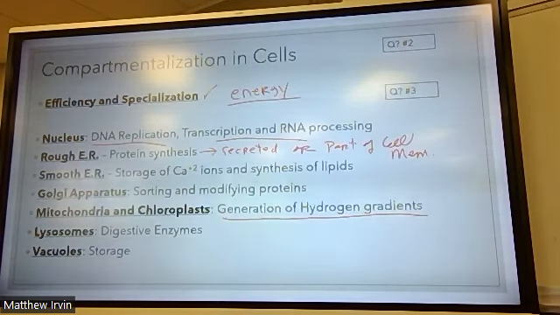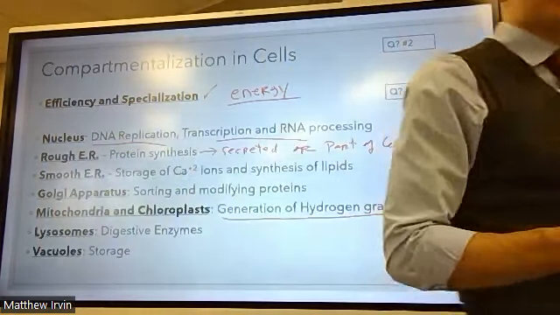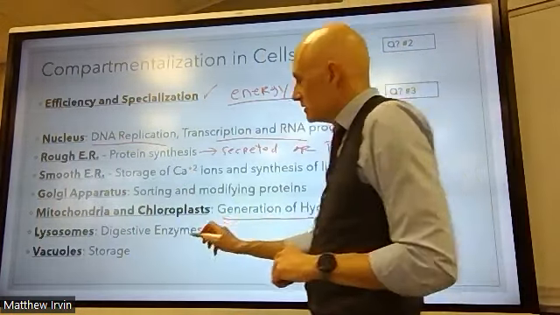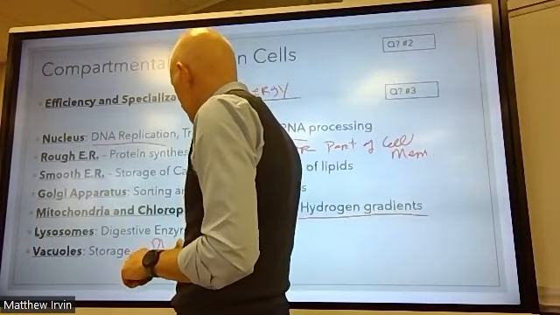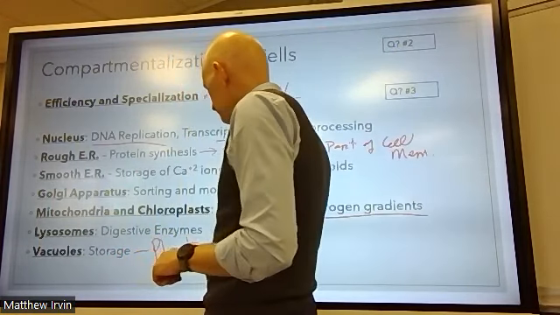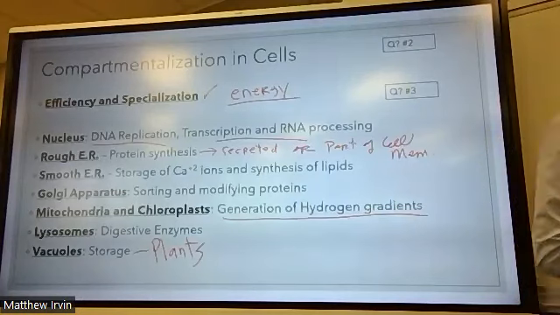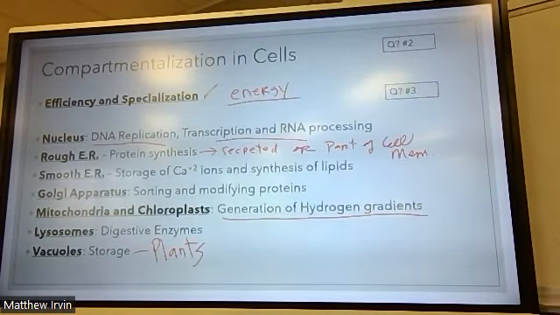When a cell ingests something, so maybe a white blood cell eats a bacterium, then the lysosomes are going to digest that bacterium to get rid of it. And then vacuoles are for storing things. We're going to see our vacuoles, mainly in plants, and that's part of the way that plants support their tissues as a result of osmosis.